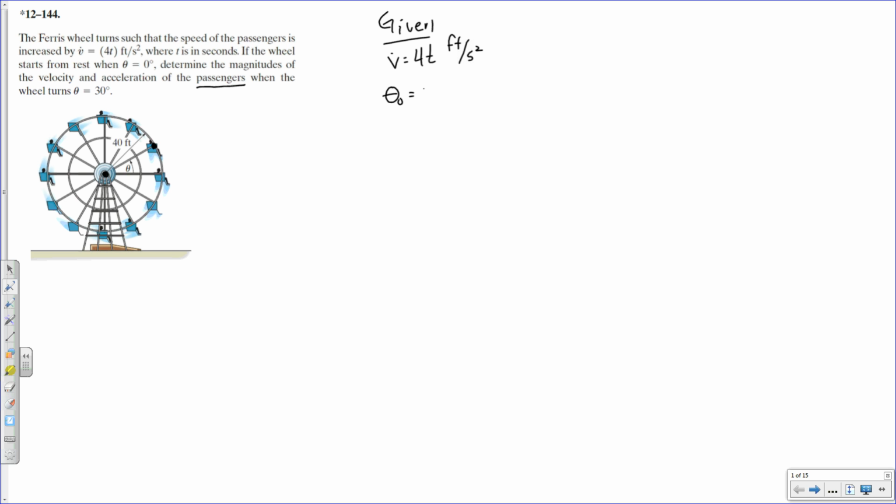Initially, theta is equal to 0 degrees, and we can call theta 0 degrees at any location, but I oftentimes will use the horizontal direction as my reference. So considering the horizontal direction as 0 degrees, we know that at a later time, theta will swing through a 30-degree angle. So maybe something like that.